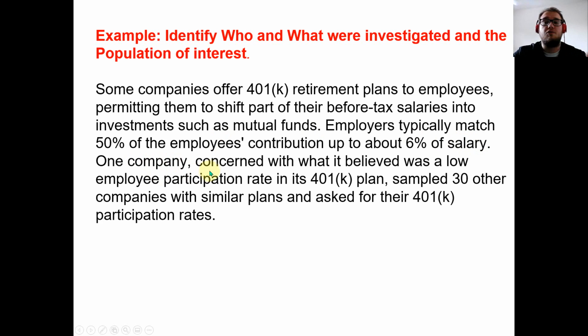One company was concerned with what it believed was a low employee participation rate in its 401k plan. So they sampled 30 other companies with similar plans and asked for their 401k participation rates. I would suggest you pause the video and answer this question in your notebook.